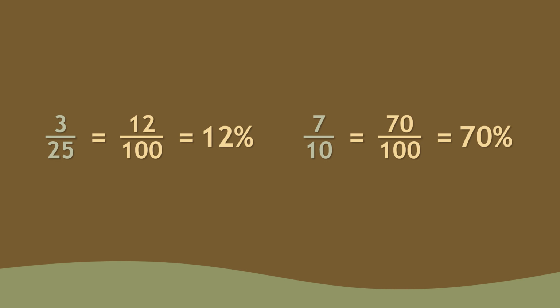So whenever you are working on your assignment and you are asked to turn a common fraction into a percent, the first thing I would do is take a look at the denominator. And if it is a multiple of 100, then I would use this strategy of renaming it into a fraction that has a denominator of 100. That's going to be a really easy way for you to find the percent.